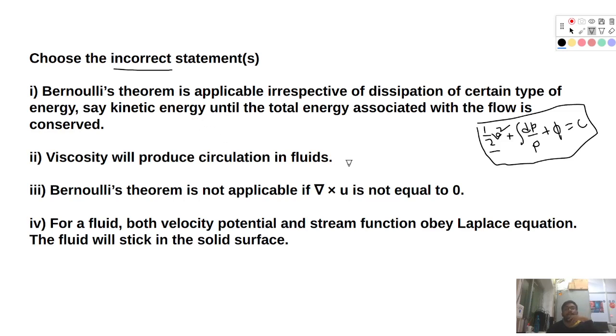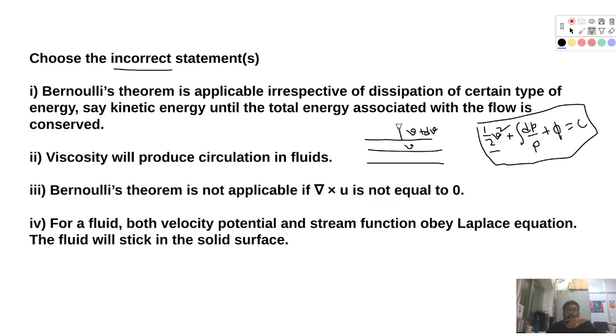Now we have: viscosity will produce circulation in fluids. Is it true? Let's say we have some layers and every layer has some velocity and there is a gradient in the velocity. Let's say this is v plus dv, this is v.